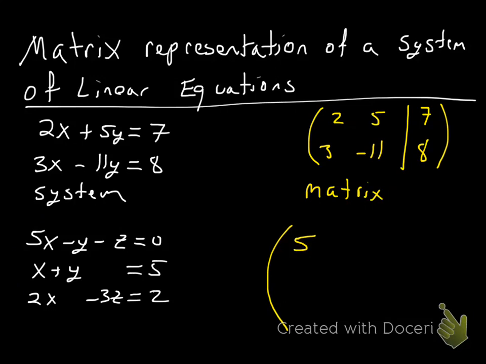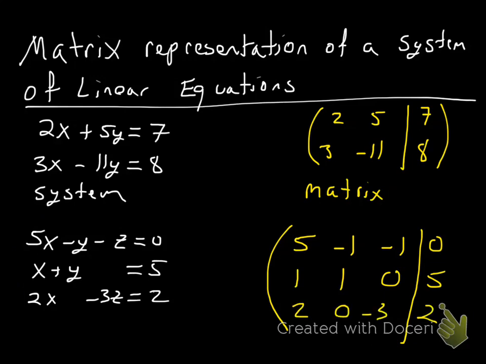The coefficients go 5, negative 1, and then the constant 0. And then coefficients 1, 1, and then there's no z, so we have a placeholder 0, equals 5. And then 2, and then no y term, so 2x, 0y, minus 3, and that equals 2. And that's our matrix representation.